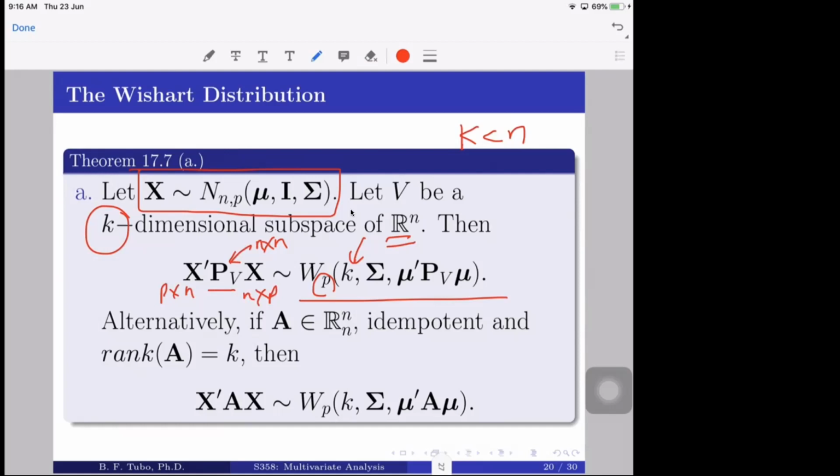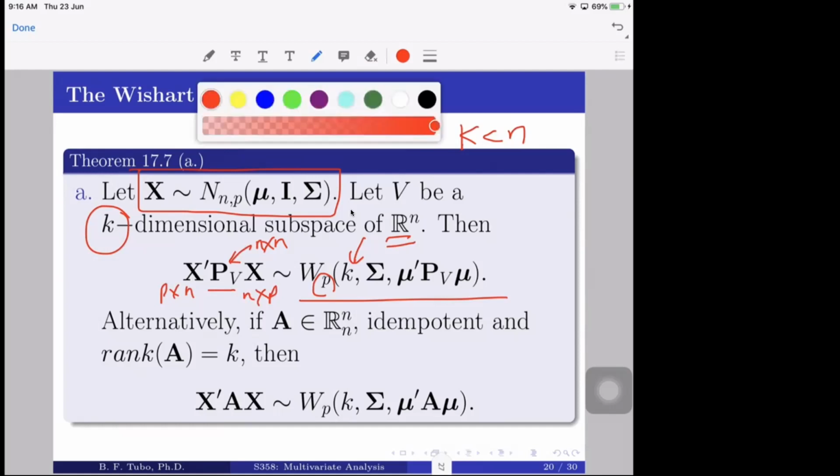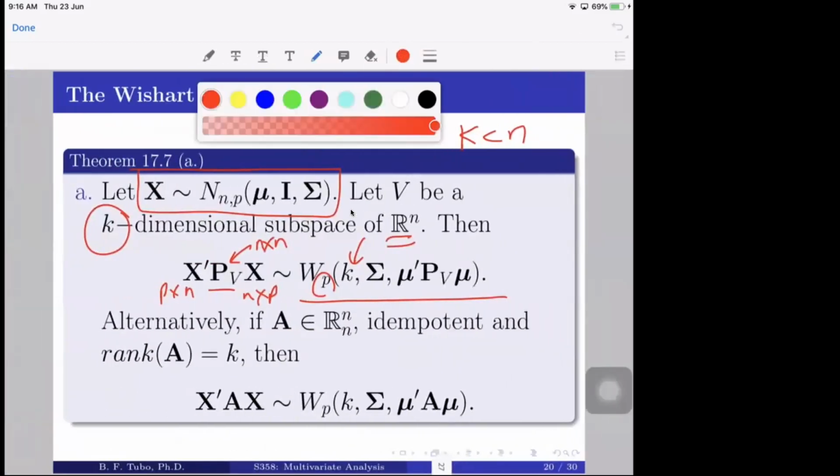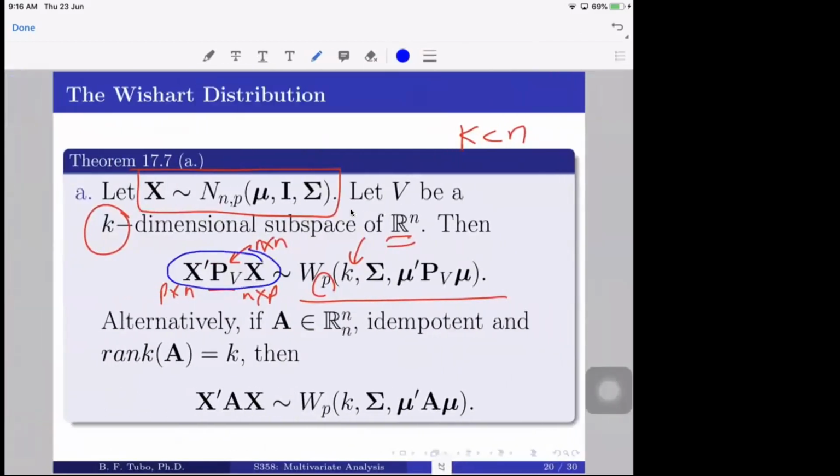So we can relate PV as a matrix. We assume PV here should be n by n for this term to be conformable. You have sigma here, and delta will be mu prime PV mu.